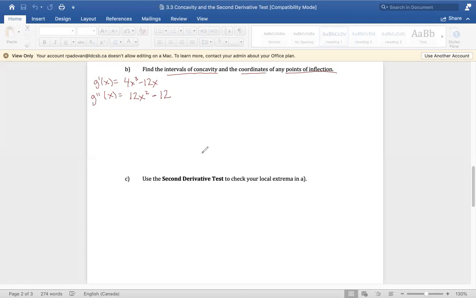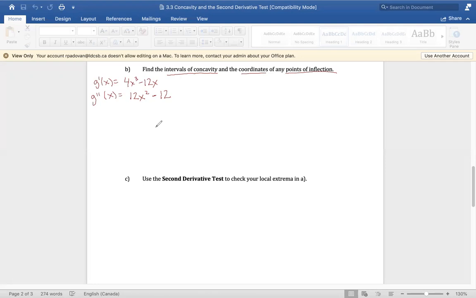So what I want to do is, I need to know if the second derivative is greater than 0 or less than 0, right? Just like we talked about in the previous lessons with the first derivative test. I could set this greater than 0 and have that inequality. But then I could also set this second derivative less than 0 and solve for x using that inequality.